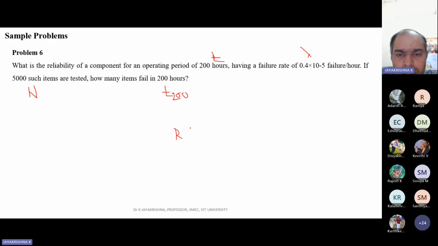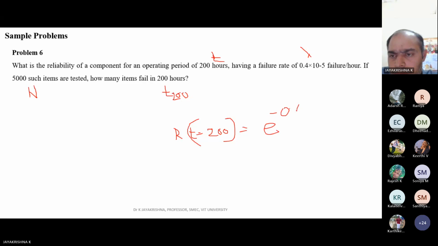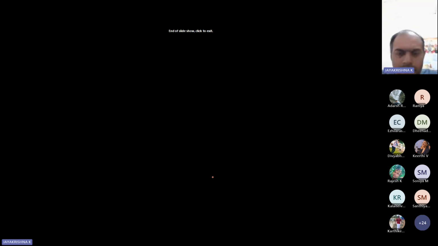R of 200 is equal to e power minus 0.4 into 10 power minus 5 into 200. Substitute that, you will get the answer.